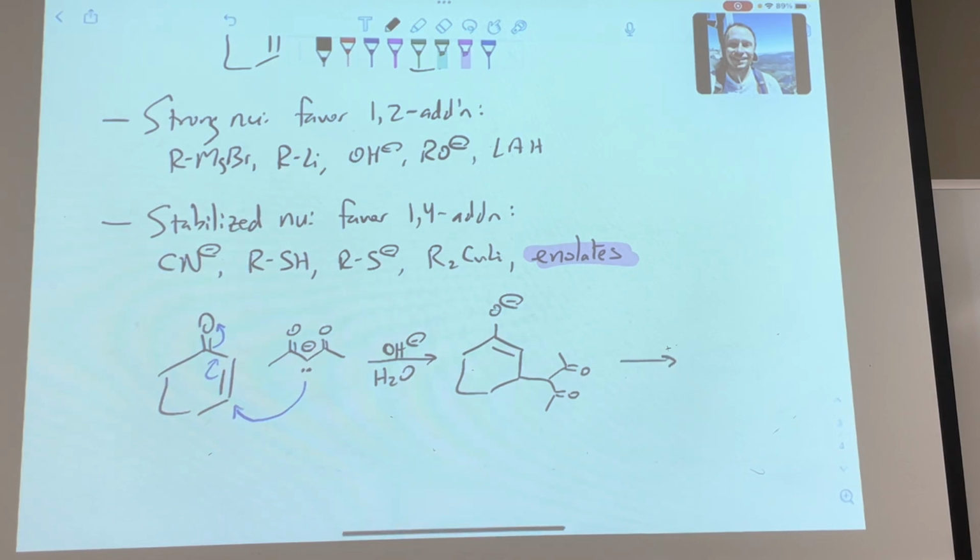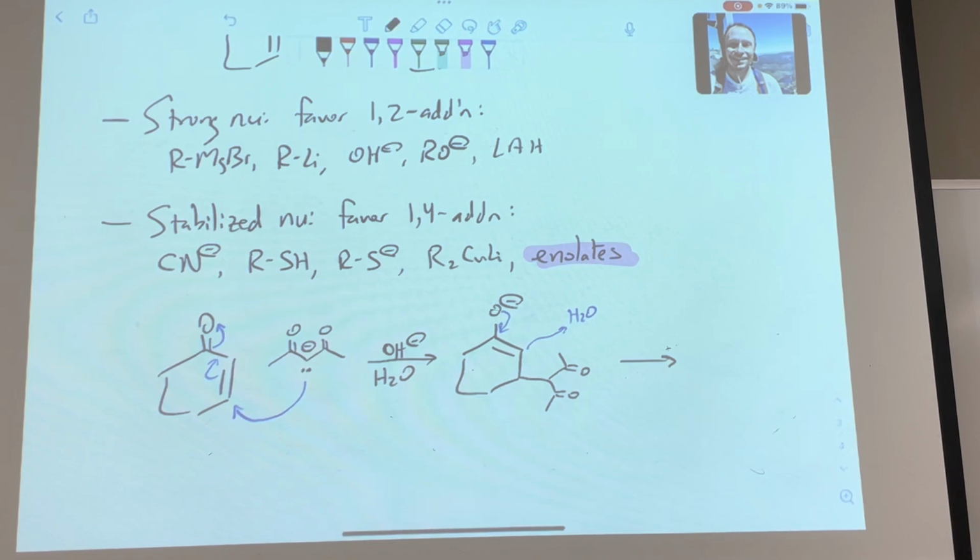And then again, you can resolve this addition in one of two ways. You could think of just having the O- go grab a proton from water, making the enol, which then tautomerizes, or you can think of doing this: reform the carbonyl, kick the electrons out to go and grab the proton from water.